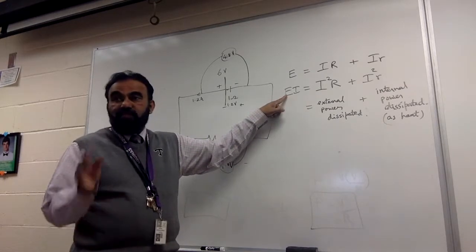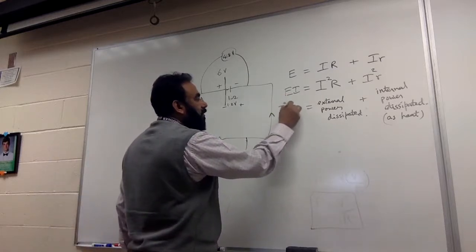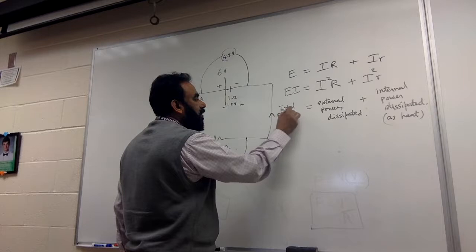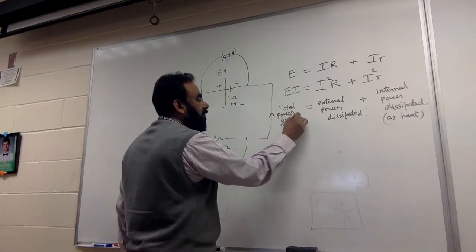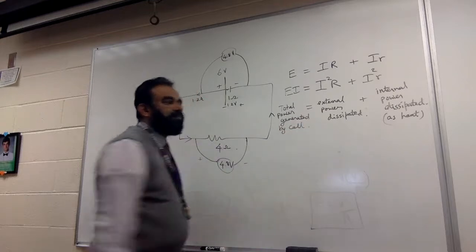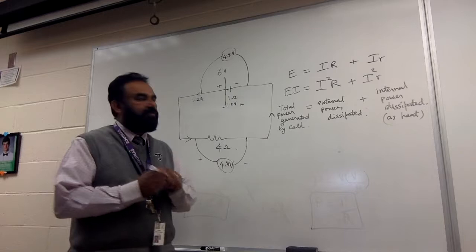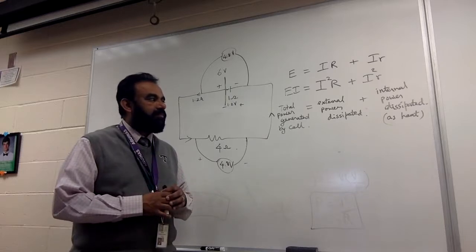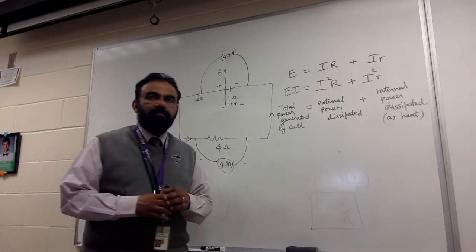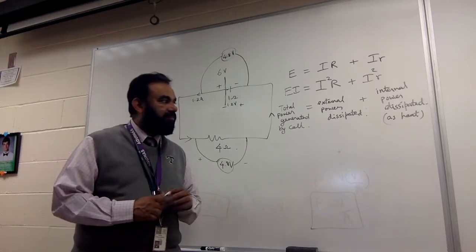But E is for the entire. So this is the total power generated by the cell. That's the total power generated by the cell.